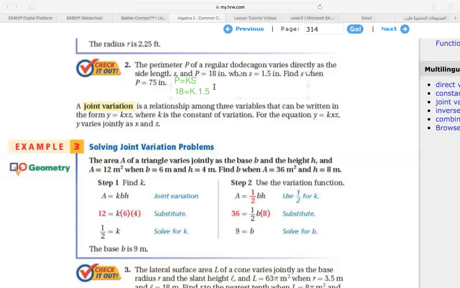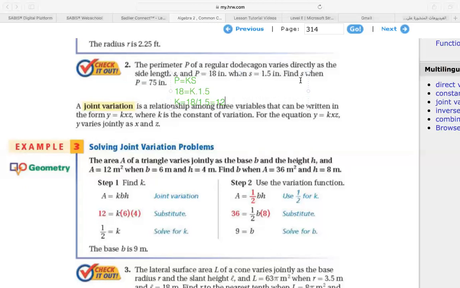So I want to get the value of K. How will I get the value of K? I will write the variation function P is equal to K S because P and S vary directly. 18 is equal to K multiplied by 1.5. So K is equal to 18 divided by 1.5, which is equal to 12.